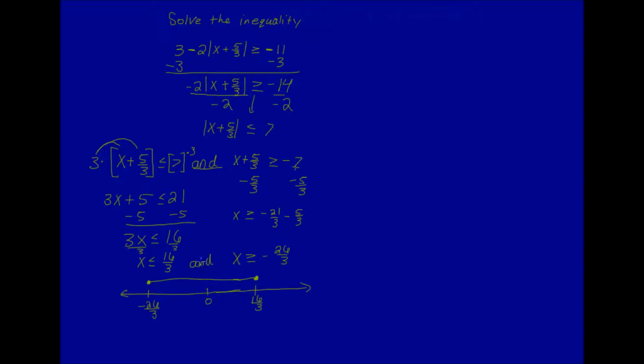For the set builder notation, since this is an "and" statement, it's pretty easy to see once you have the graph. It's going to be x such that negative 26 over 3 is my lower bound, is less than or equal to x, and x is less than or equal to the upper bound, 16 over 3.